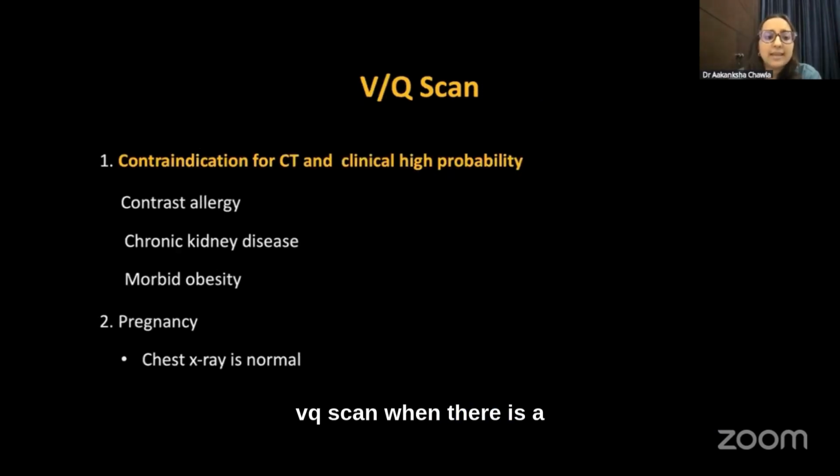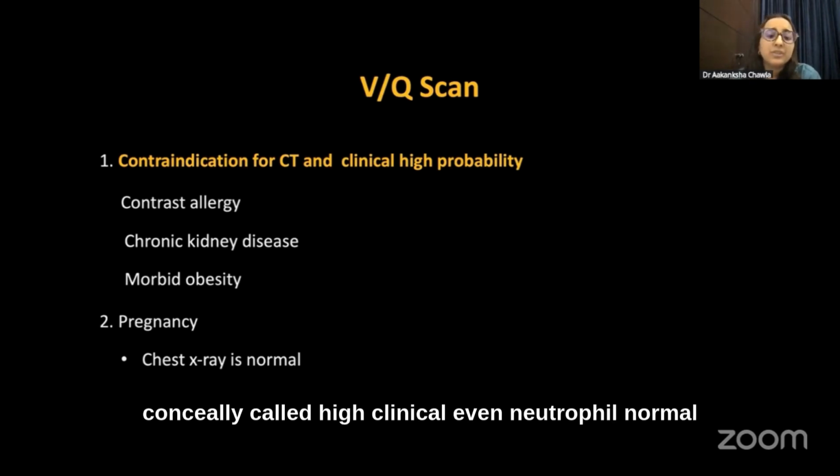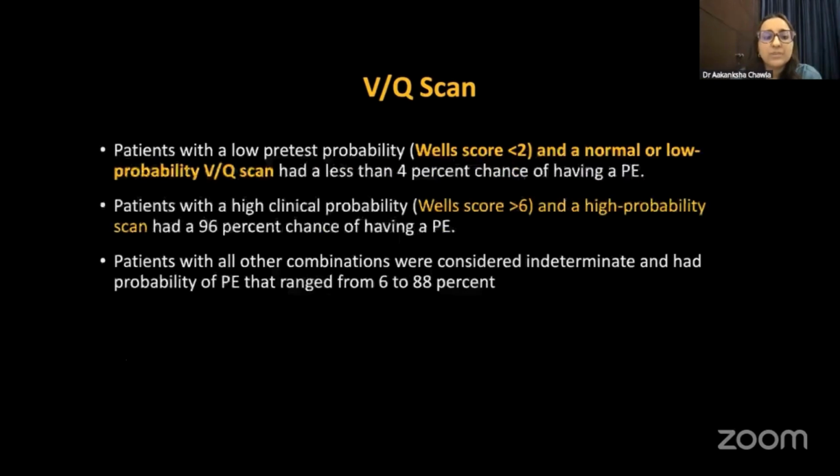Now, VQ scan, when there is a contraindication for CT and there is a high clinical probability, like your patient has contrast allergy, has CKD, is morbidly obese, or in a pregnant patient when the chest X-ray is normal, then VQ scan is the modality of choice.